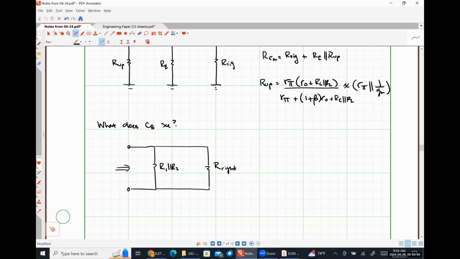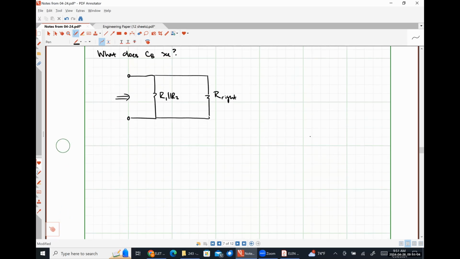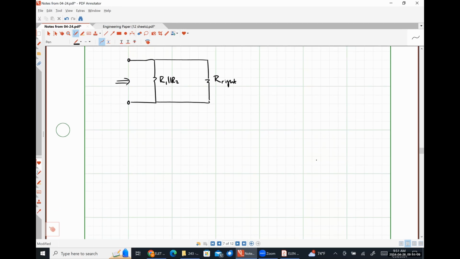So this is the resistance looking into the base terminal of our circuit.